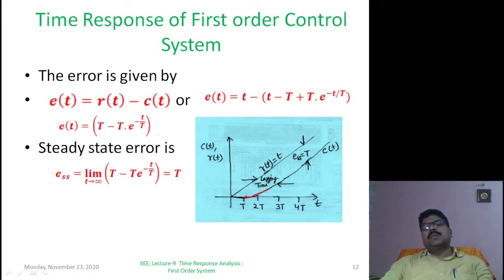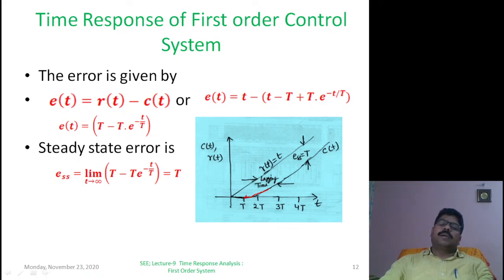So here you can see how you can reduce the error. Once again, you can see the effect of the time constant. If this capital T is smaller, since the error is equal to the time constant, the time lag will also be smaller.